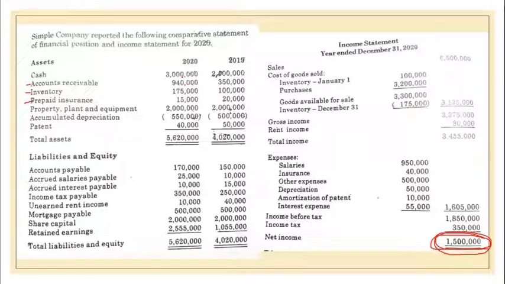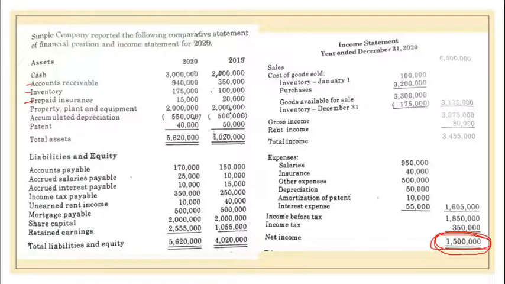So meaning you remove it from your statement of cash flows. So an increase in your non-cash current assets would be a deduction to your net income.